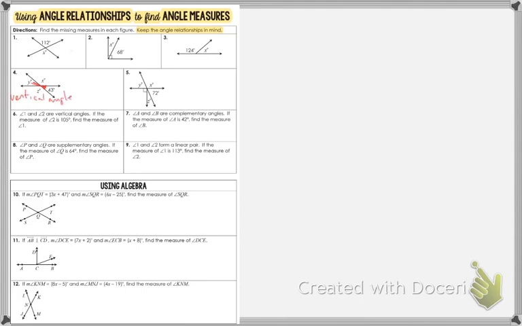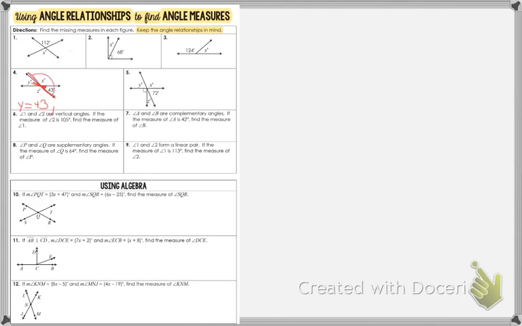Vertical angles are congruent. That means they're equal. So I already know y equals 43. Well, if this is 43, this is a straight line.